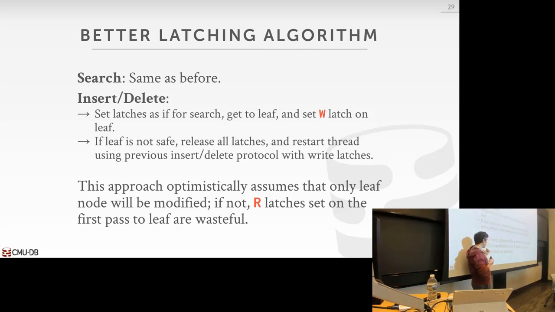We're not going to have to restart. And if we predict incorrectly, then that first time we went down is just wasted work. We're just burning cycles, and we're not going to get the better scalability or concurrency we may actually want. But I'll say in practice, this usually works out nicely.